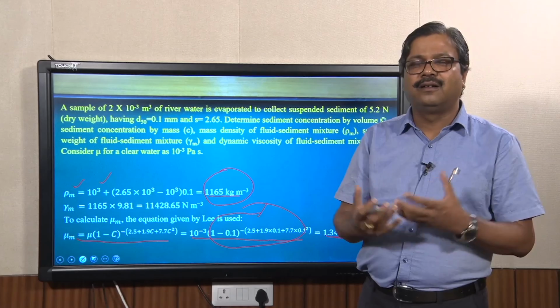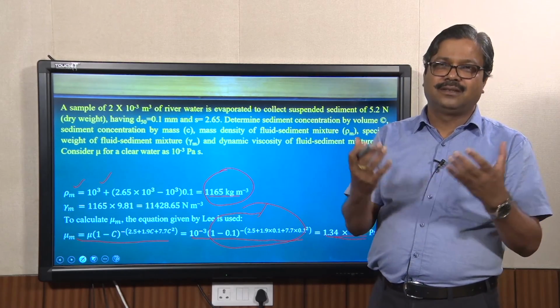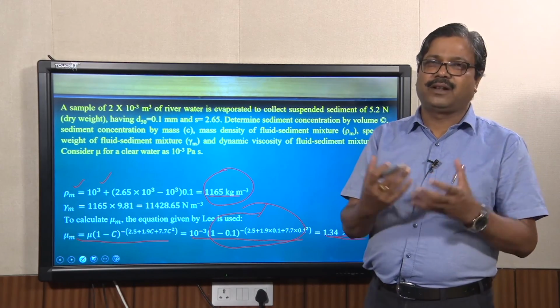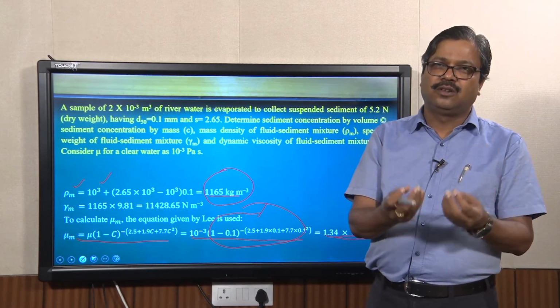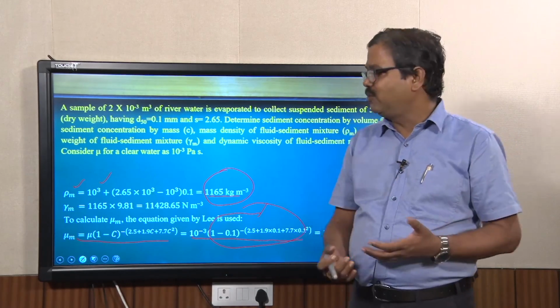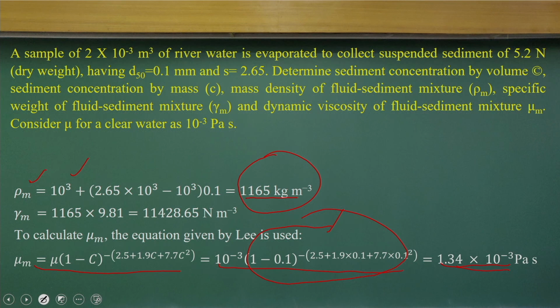You go to the river, collect the suspended water samples, evaporate them, and weigh the evaporated suspended sediment. Then you can do this type of calculation to find the dynamic viscosity, the specific weight of the sediment particles, and the sediment concentrations by volume and mass.